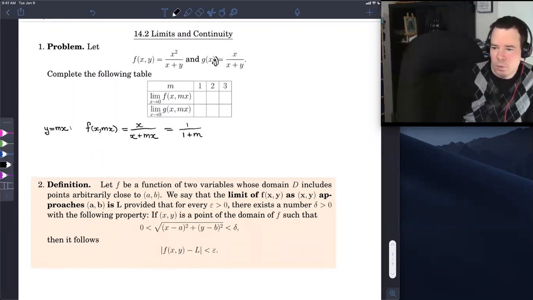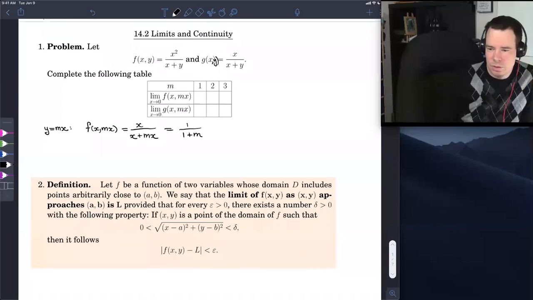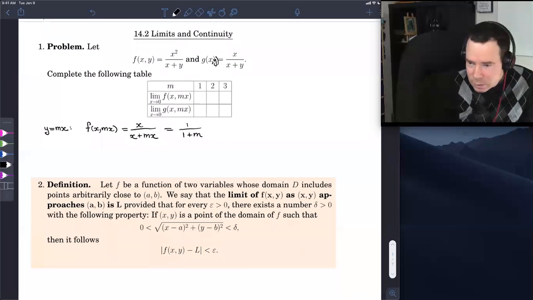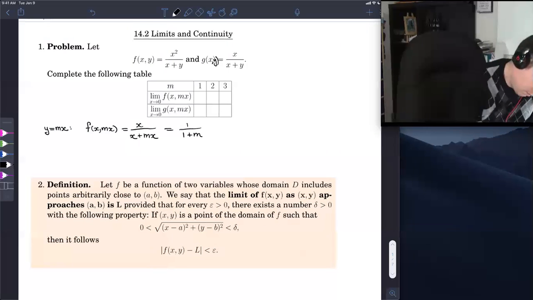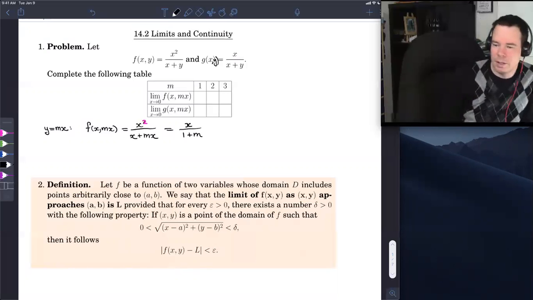So now I can work out the value of the limit as x goes to 0 of this function, because, oh, there's an x squared. Yes, thank you. X squared. Sorry, so all of them cancel except for a single x up top. Thanks for catching that.